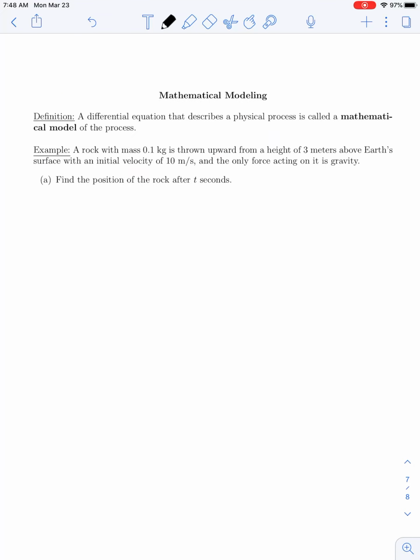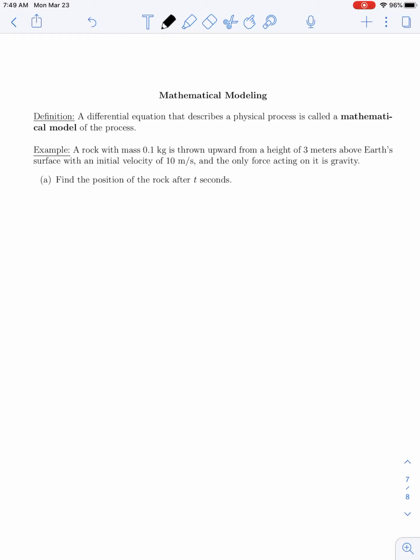So in the last part of this section, we will start talking about some applications of differential equations. And there are many applications in general for differential equations. We will discuss some simple ones in our course, and these applications will be in mathematical modeling.